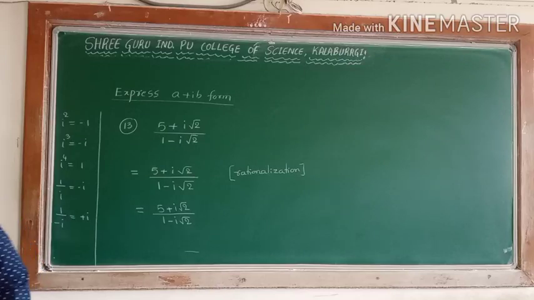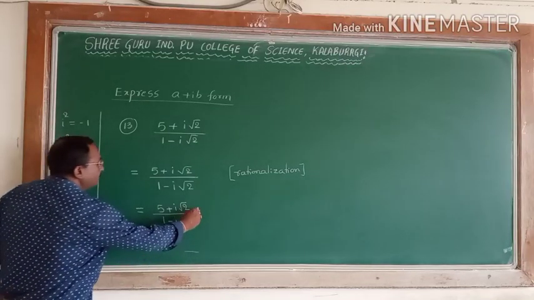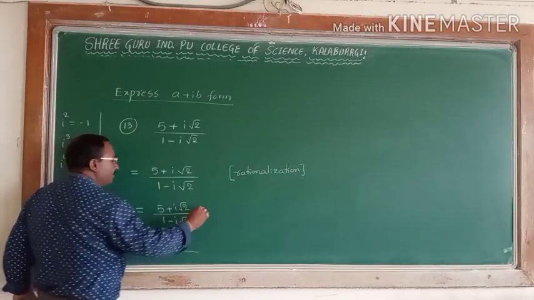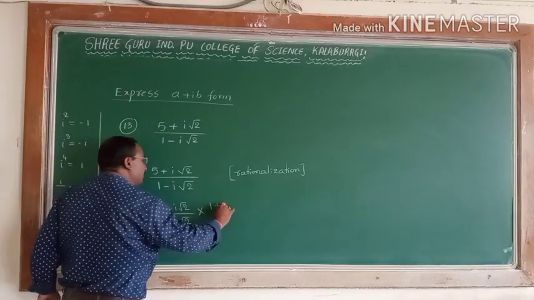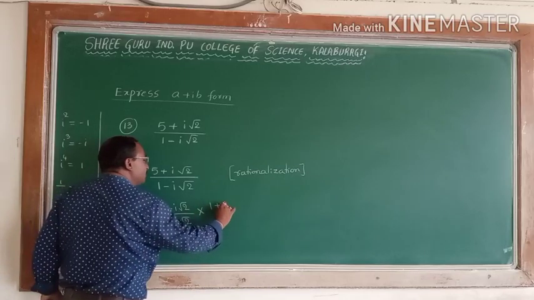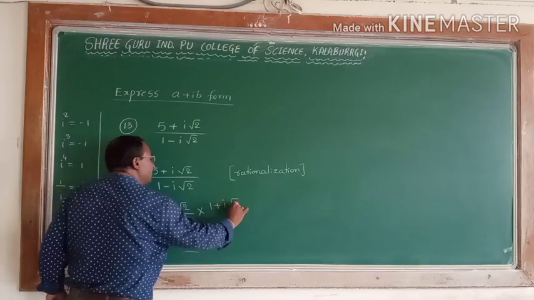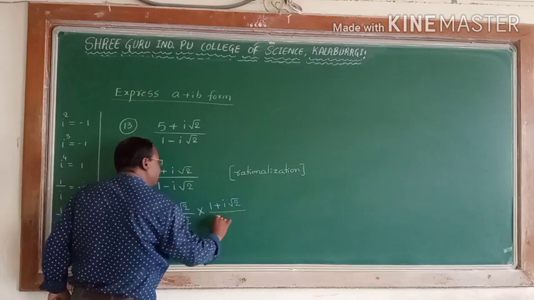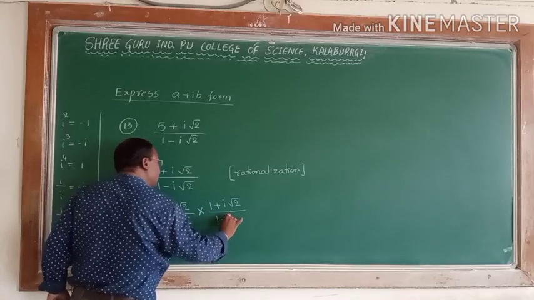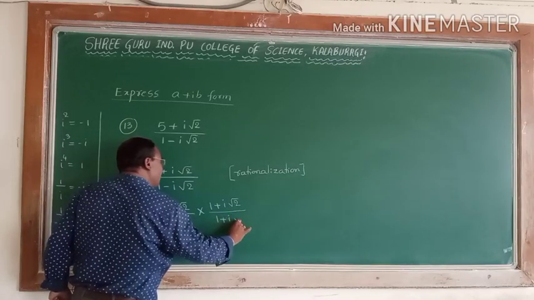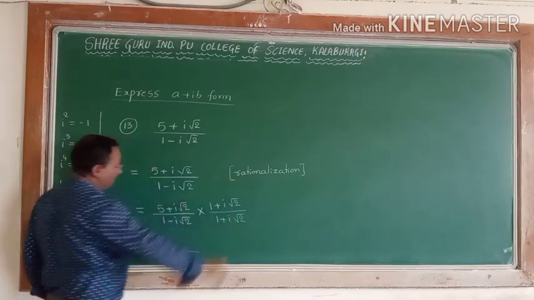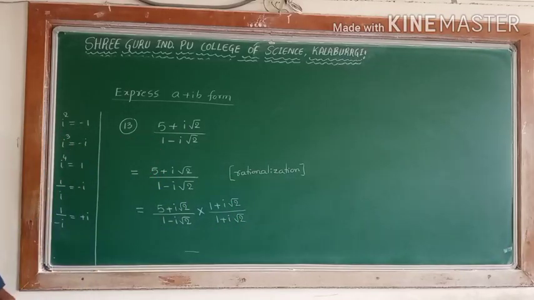Rationalize this one: minus becomes plus, so multiply by 1 plus i root 2 over 1 plus i root 2.